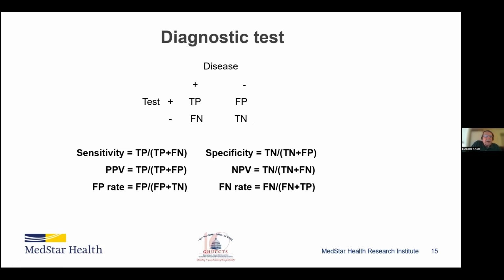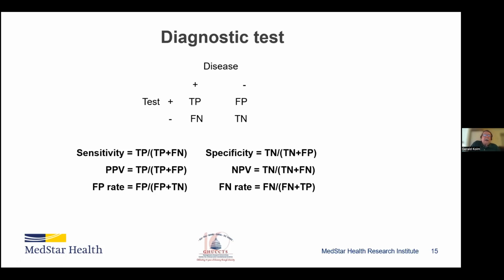And then you can see here that we can also calculate the false positive rate and the false negative rate by looking at the false positives divided by the false positives plus the true negatives, and then the false negatives divided by the false negatives plus the true positives.